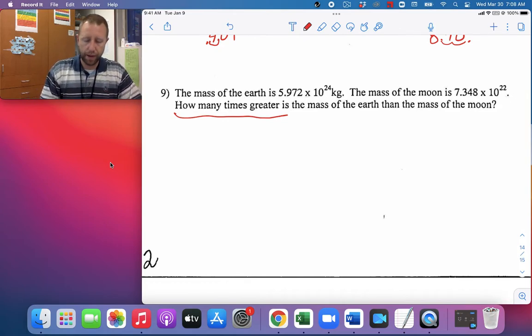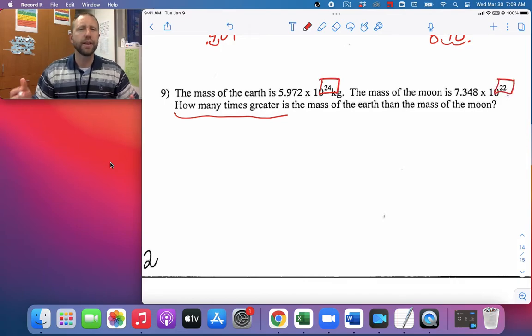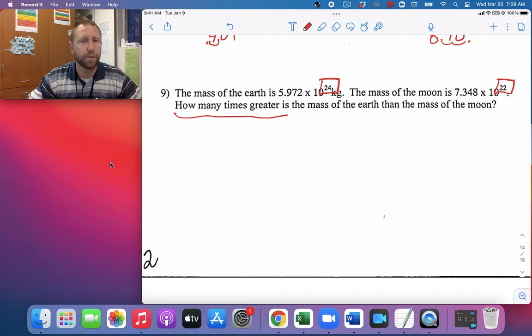Now remember when we compared our numbers in scientific notation right away, and we knew this, but this just backs up our claim that the higher exponent is always going to be the greater amount. And here we see, the Earth, of course, has more mass than the moon, and it has the 24th power. It does have the higher exponent, right? So I'm going to set up my division the way the question is worded.